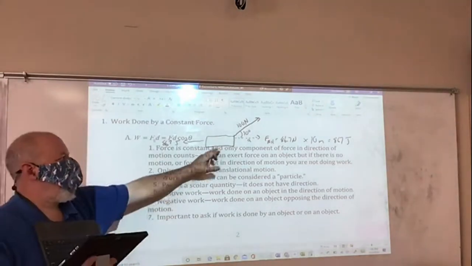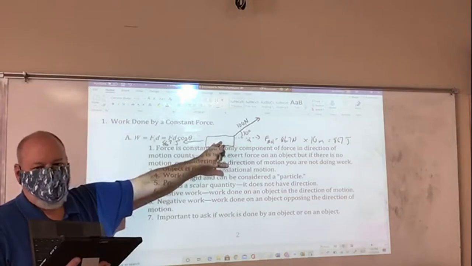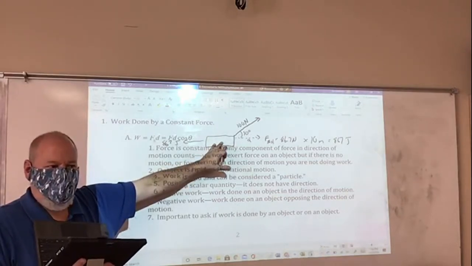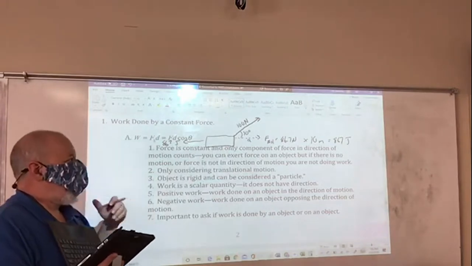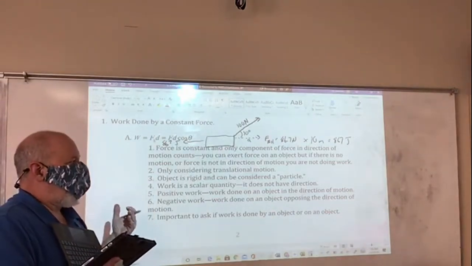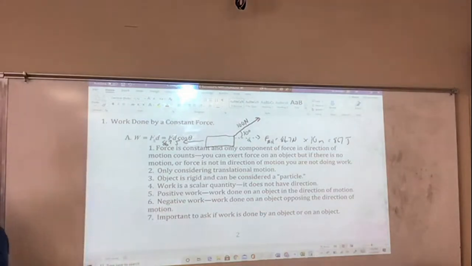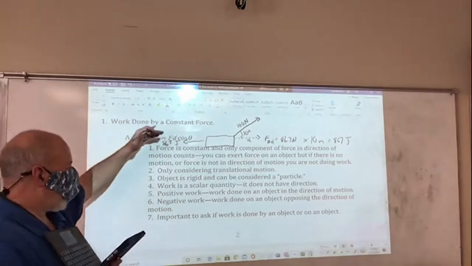Okay? Doesn't mean the box isn't moving, it means the box is not accelerating. Just like with forces, right? If I have a balanced force, it doesn't mean that the object's not moving. If I have a net force of 0, it doesn't mean that the object's not moving, it means it's not accelerating. Same thing with work.